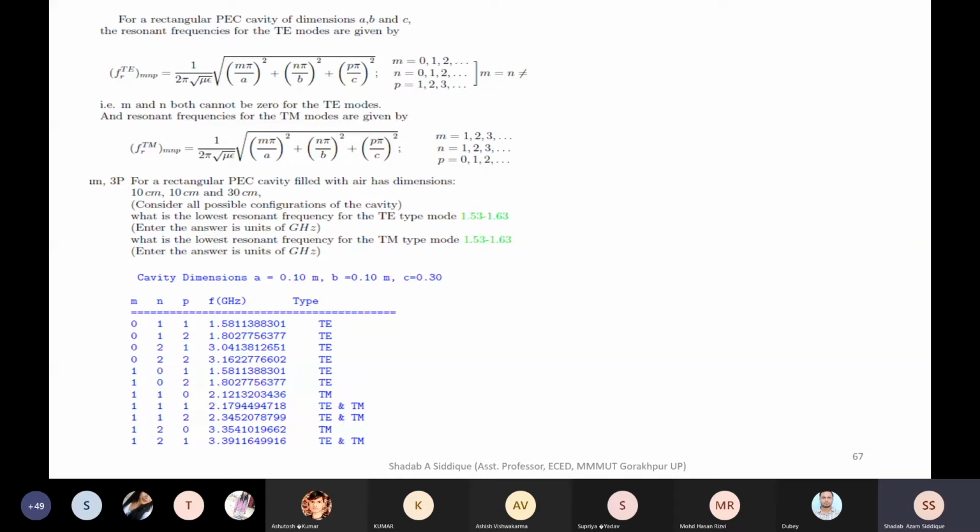Now the next one, for a rectangular PEC cavity of dimension A, B, and C. This is the rectangular cavity resonator.